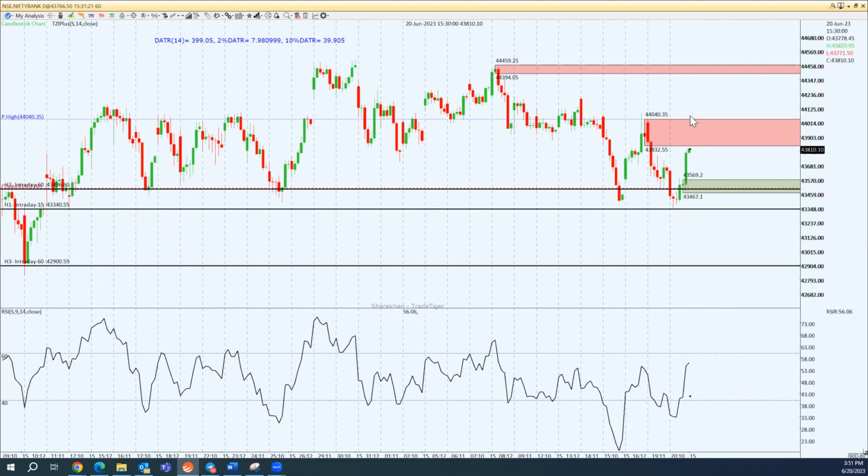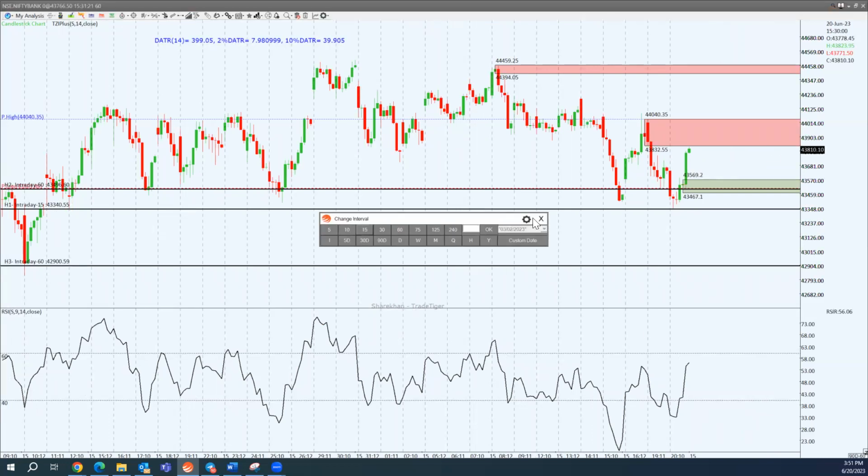Either it has to break 44,050 so that we can look to go long above, or it has to go below this area 43,350. That is where you can go short. In between, it can trap you anywhere. So better go long only when the price is above 44,050 and short below 43,350.